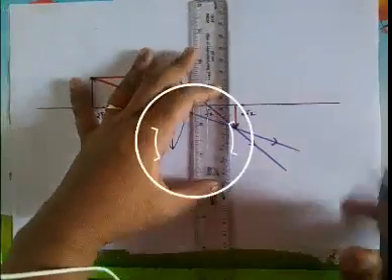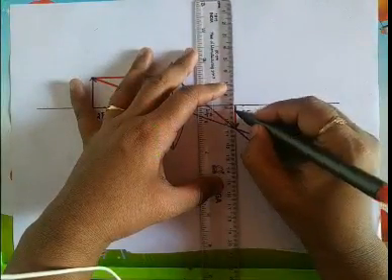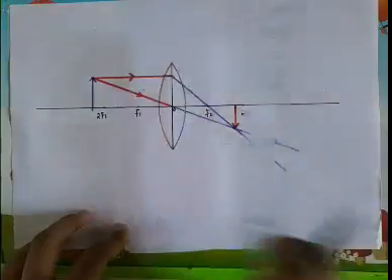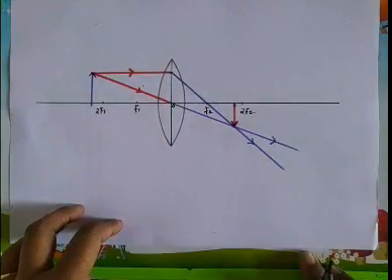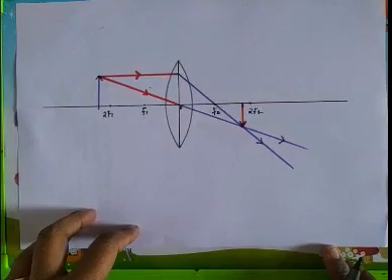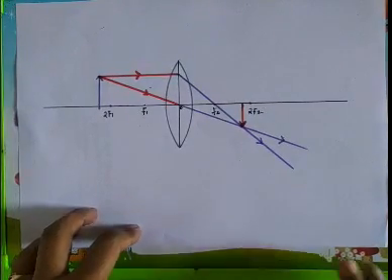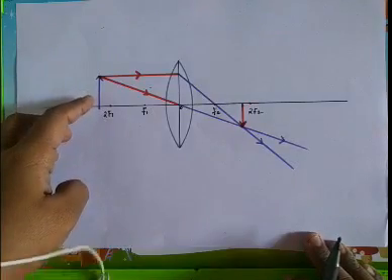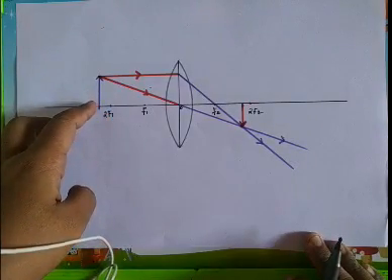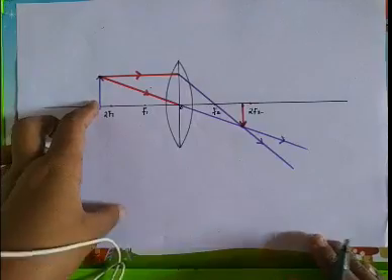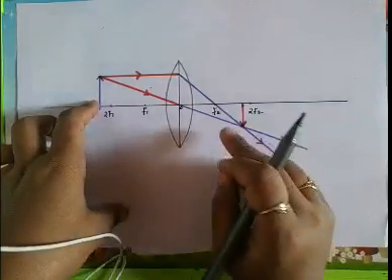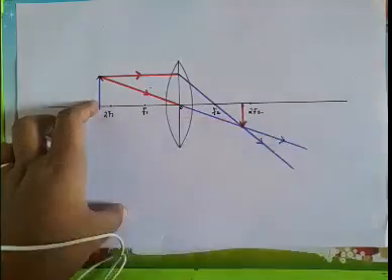This would be your image. So see, here the object, when it is kept at 2F1, the image is forming between F2 and 2F2.